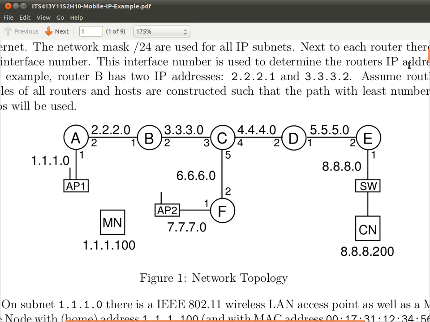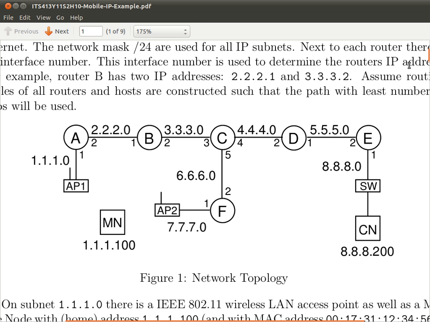The mobile node receives it, removes the wireless LAN header, sees the IP header, destination 111.100. The mobile node knows it is 111.100, so the data has reached the destination. It removes the IP header, processes the data, and sends it to the application. And we receive the data.